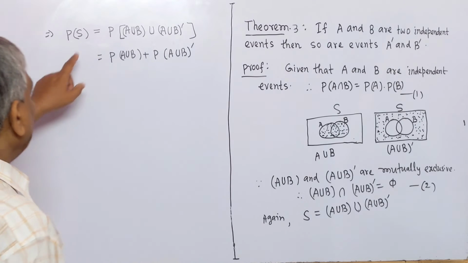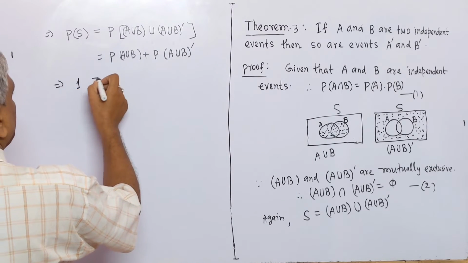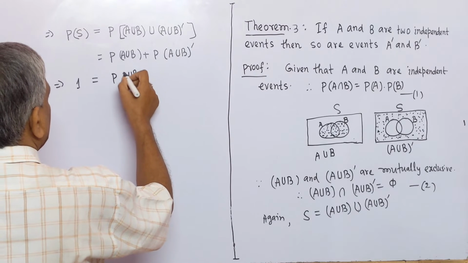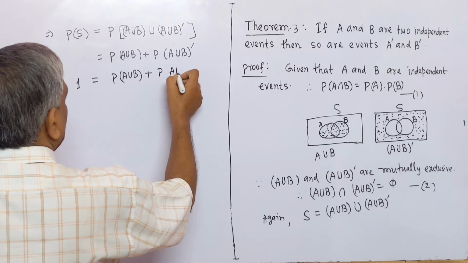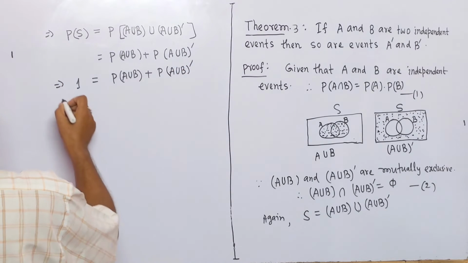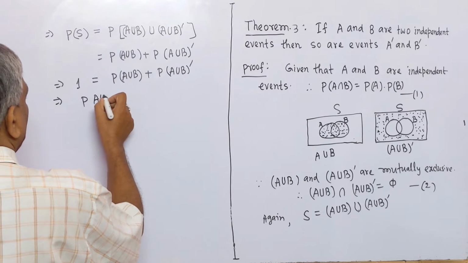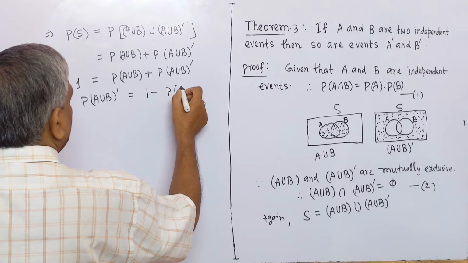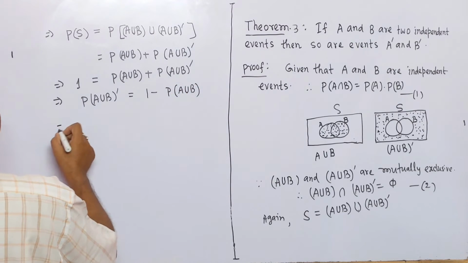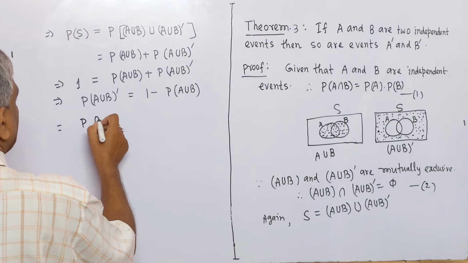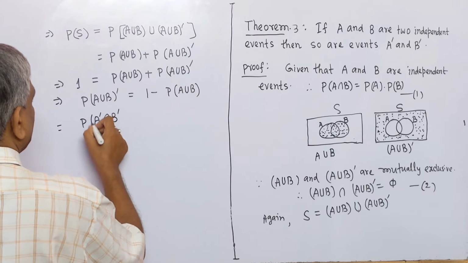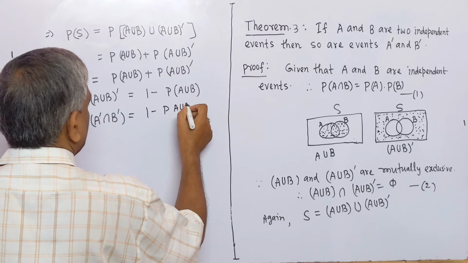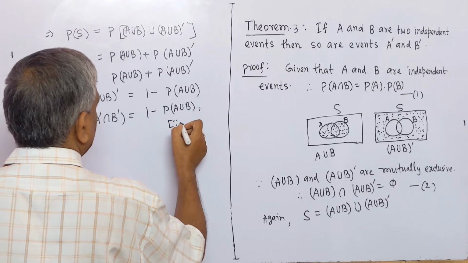Since P of S, the probability of the sample space, is always 1, this is 1 and this is P of A union B plus P of complement of A union B, which implies that P of complement of A union B equal to 1 minus P of A union B. By De Morgan's law, here the left side is P of complement of A intersect complement of B, and the right side is 1 minus P of A union B by De Morgan's law.